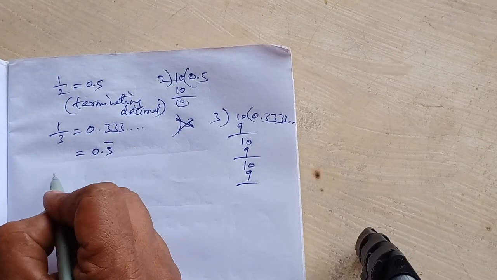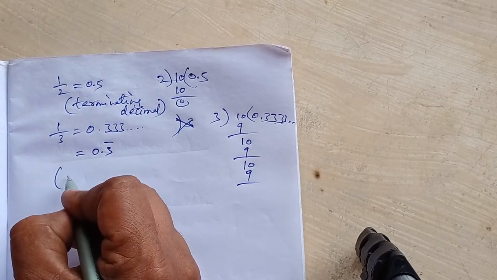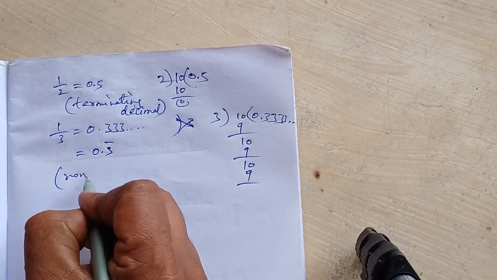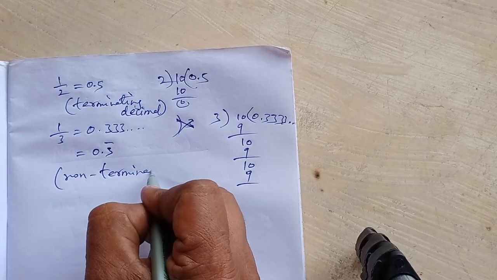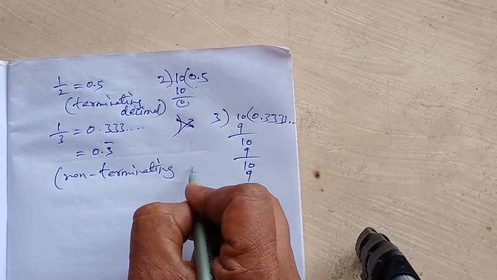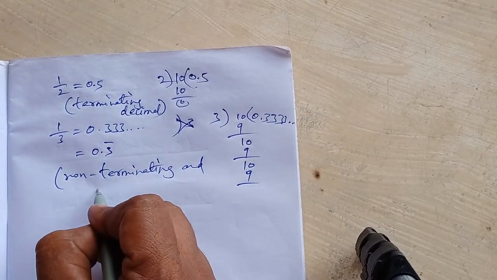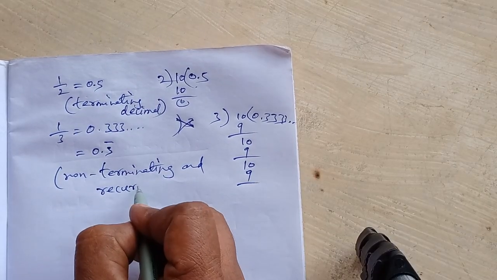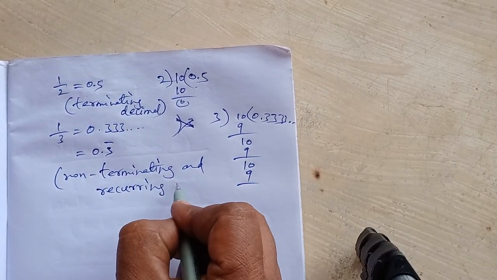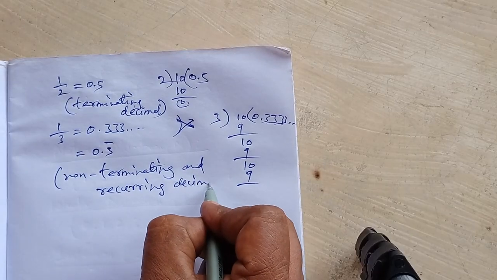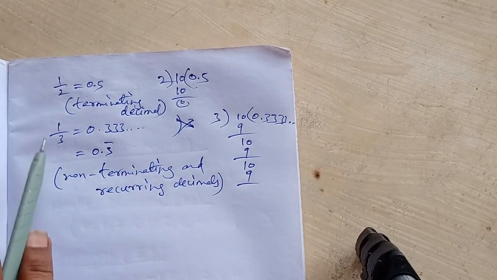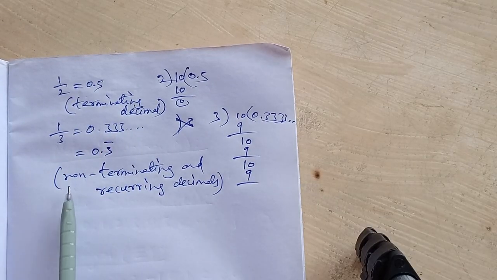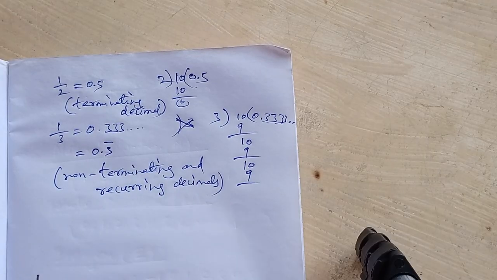This type of decimals are called non-terminating and recurring decimals. Now we have gone through two types of decimal numbers, terminating decimals and non-terminating recurring decimals.